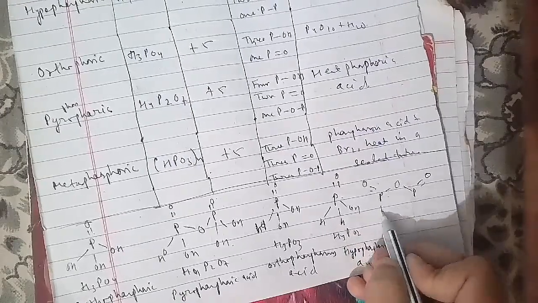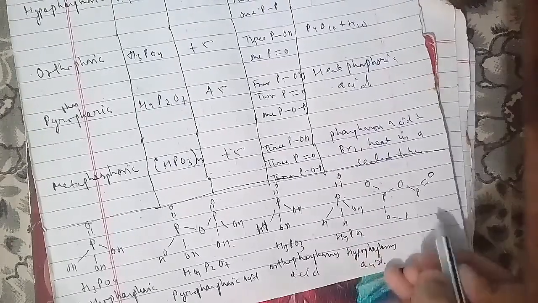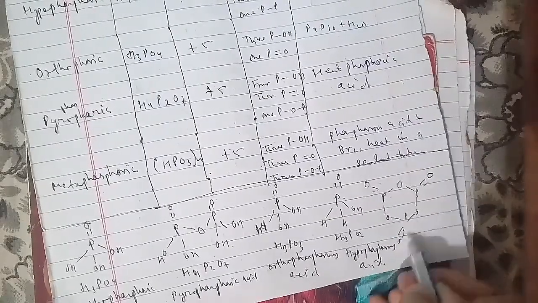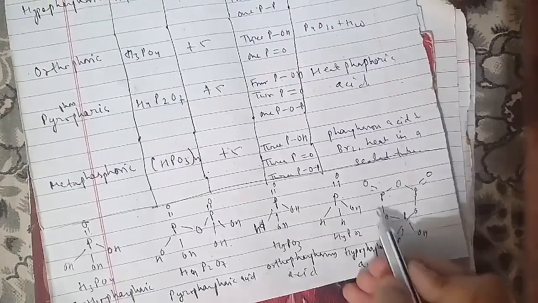Now we have one more left, and that is polymetaphosphoric acid, which is HPO3 whole N here. That is also the large one that we have to discuss.